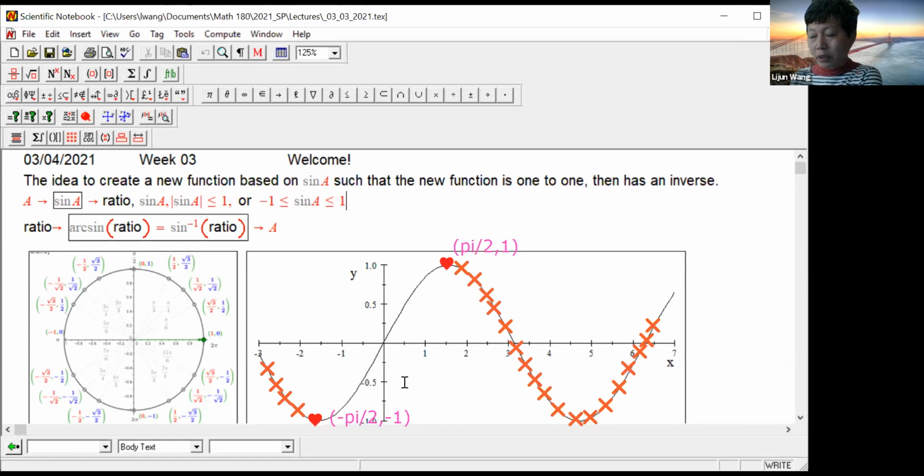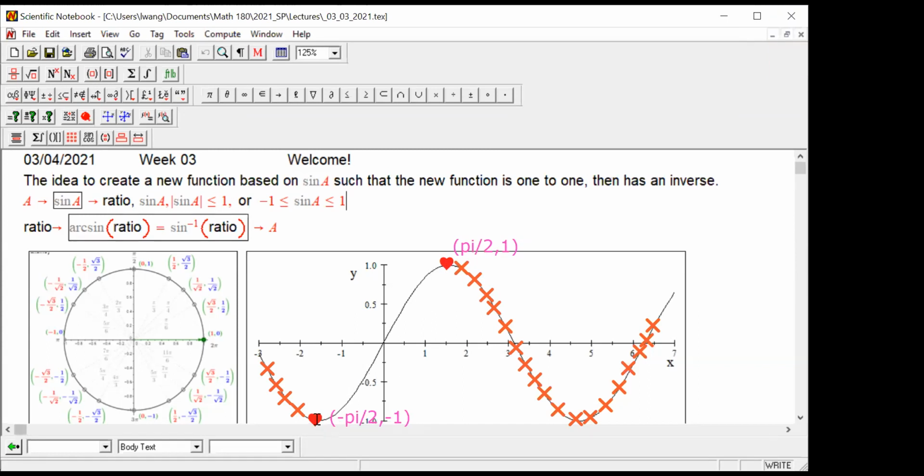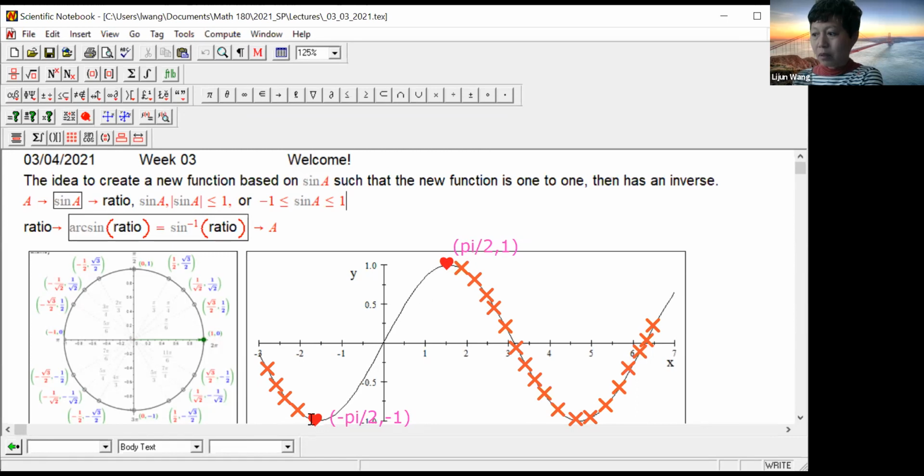Every single point passes both the vertical line test and the horizontal line test. So it's a one-to-one function, but we have to be clear about what these points are. I'm going to give you a typical point. I want you to mark this point for me.